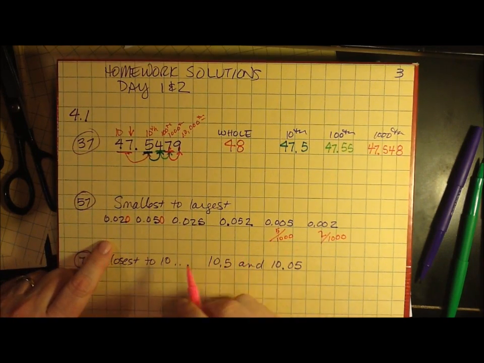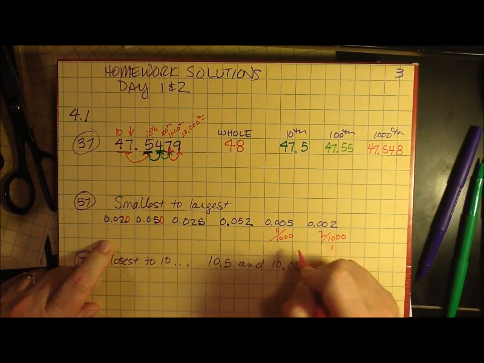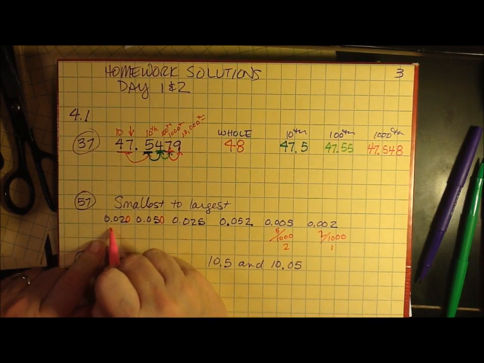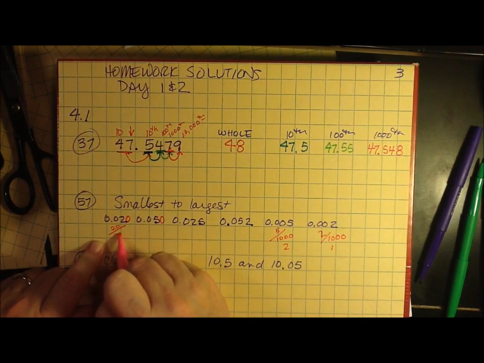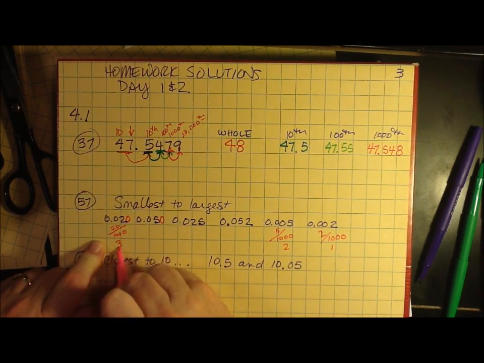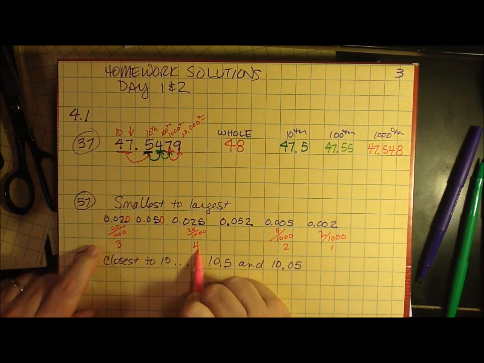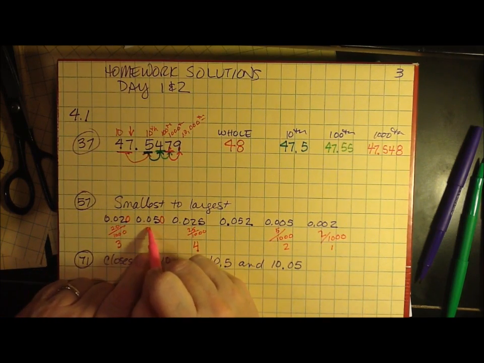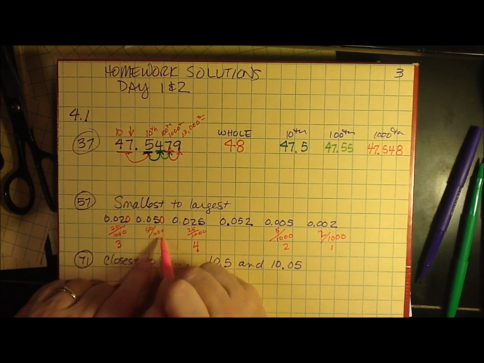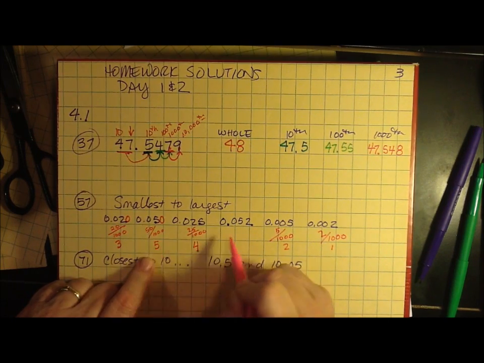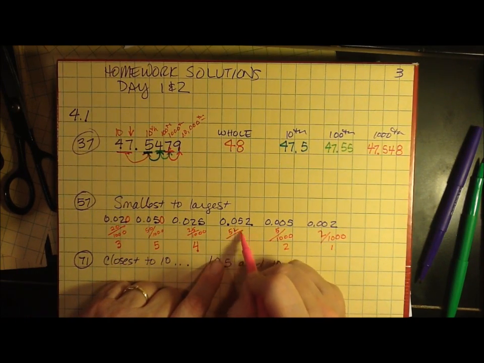Then we have, so that's 1, 2, this is 20 thousandths, 3, 25 thousandths, 4, 50 thousandths would be number 5, and 52 thousandths would be number 6.